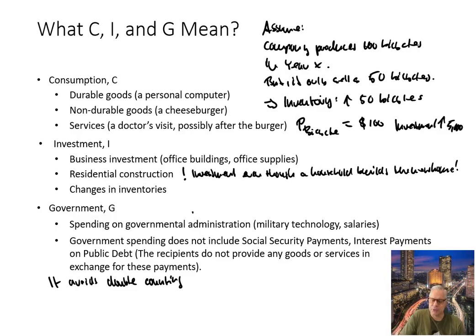But another definition is that, for example, if you pay interest payments, you do not get an immediate final good or service in exchange for it. And again, GDP is the total market value of all final goods and services produced, but interest payments are not really tied to a final good or a service.